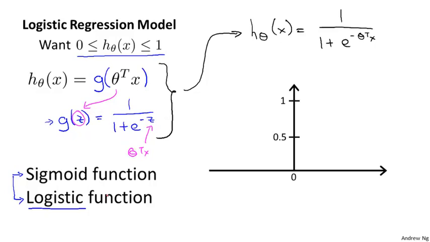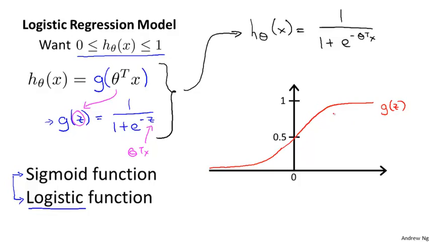Lastly, let me show you what the sigmoid function looks like. I'm going to plot it on this figure here. The sigmoid function, g of z, also called the logistic function, looks like this. It starts off near 0, and then it rises until it crosses 0.5 at the origin, and then it flattens out again like so.